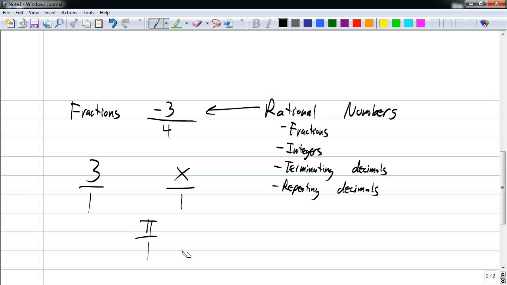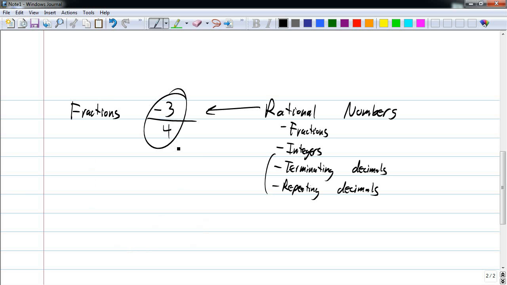Now, terminating decimals and repeating decimals are what you get when you take a fraction and convert it to decimal form. Any fraction that's two integers, one in the numerator, one in the denominator, you can convert to a decimal, and you will get either a terminating or repeating decimal.